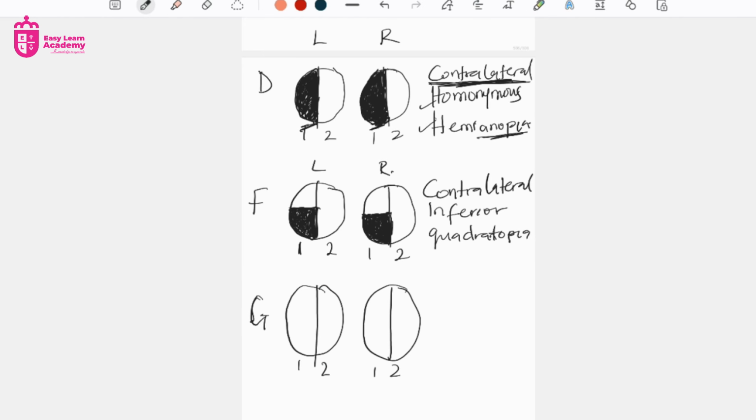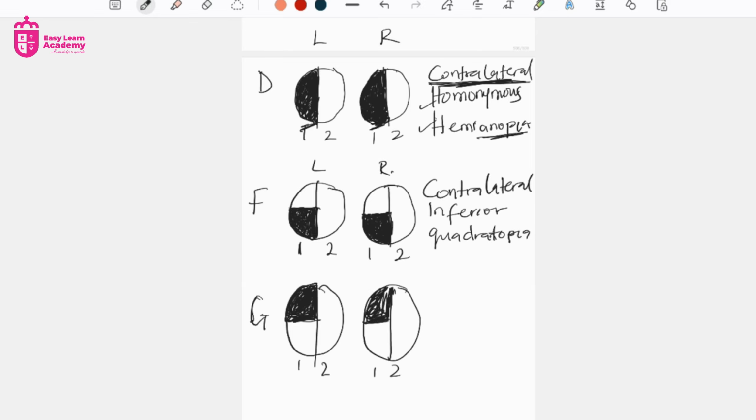So the blindness is going to be on the upper, superior part of where? 1 or 2? 1. Okay, so here, is this what you mean? Yeah, thank you. Let me shade it off quickly for you. I like doing the kindergarten work while you do the hard work. Okay, and this one? 1 or 2? 1 as well. Okay. Yes, and the upper part. Is everybody happy with this?